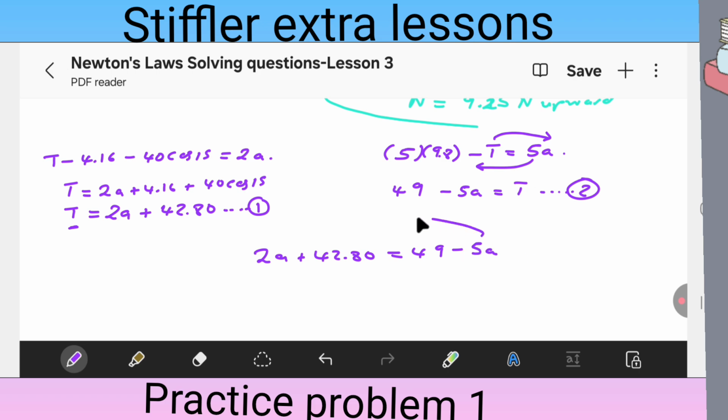So taking this to that side and this to the other side, 2a plus 5a gives us 7a, being equivalent to 49 minus 42.80, which is 6.20. Now we can divide by 7 throughout, so acceleration will be equivalent to 0.89 meters per second squared. Right.